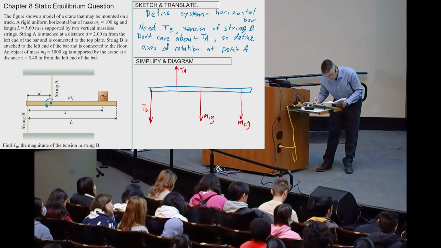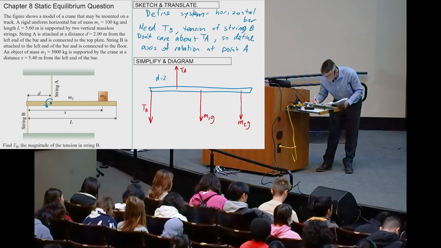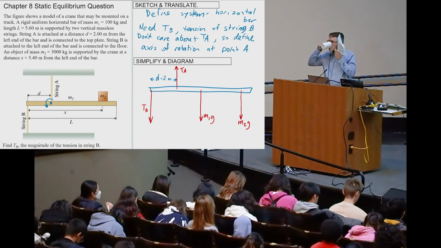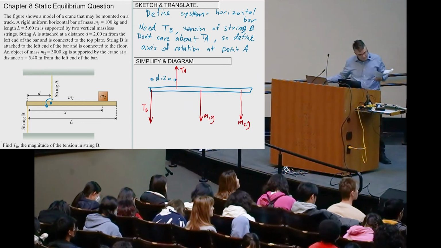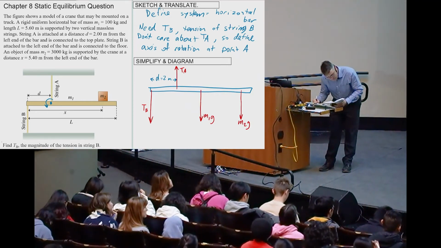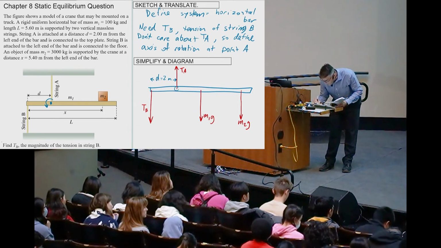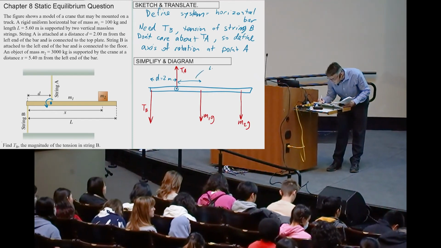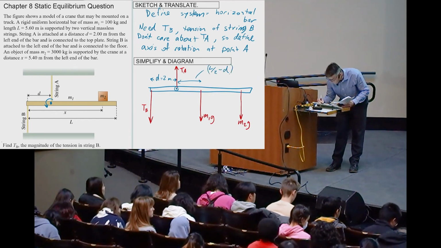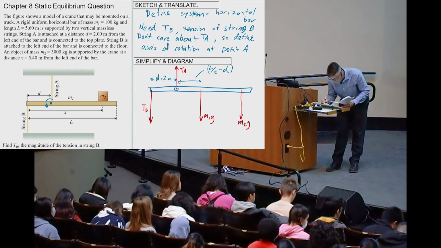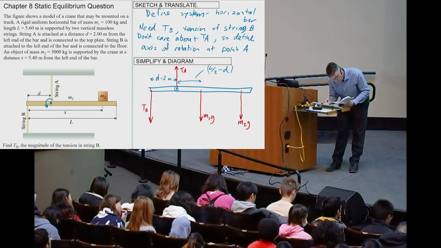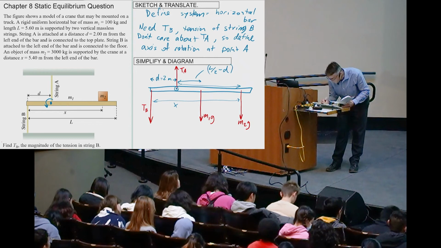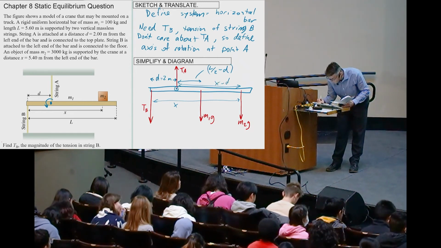And this distance D is 2 meters from there to there. Again, the rotation axis is here. This distance, I think, is going to be L over 2 minus D, since this is L over 2, and we've got D as this left portion. You were told in the problem that this is X, so the distance we need here is actually X minus D.